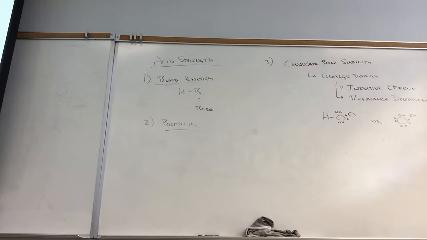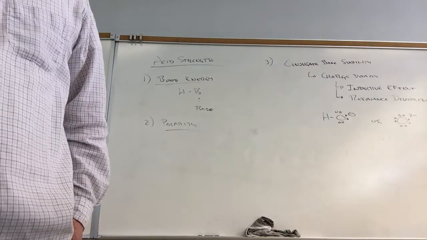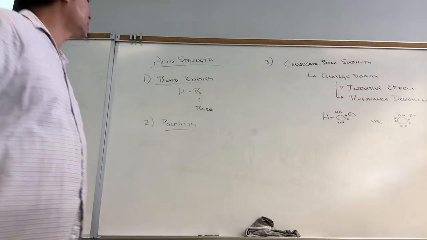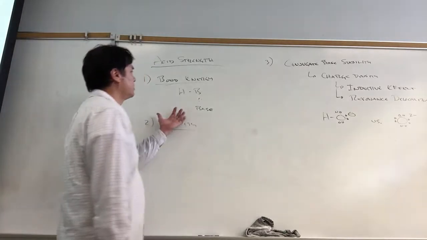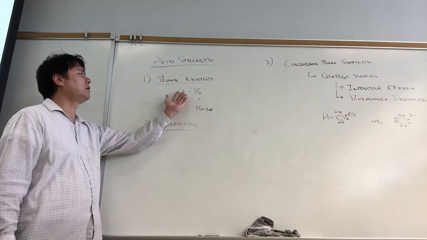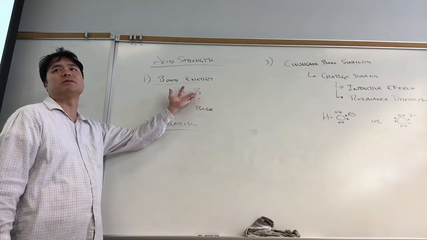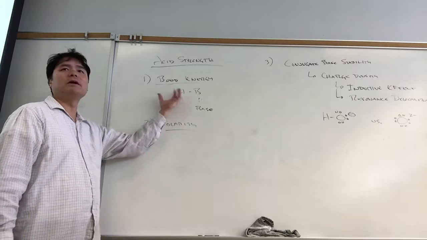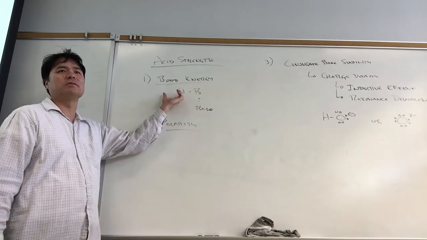Well, what do bases want to do? Bases want to attack the acidic hydrogen. And so if you're going to attack the acidic hydrogen, one, the bond shouldn't be too strong, otherwise it's going to be too hard to break. And two, the base has to grip onto something on the hydrogen. What is the base going to grip on?